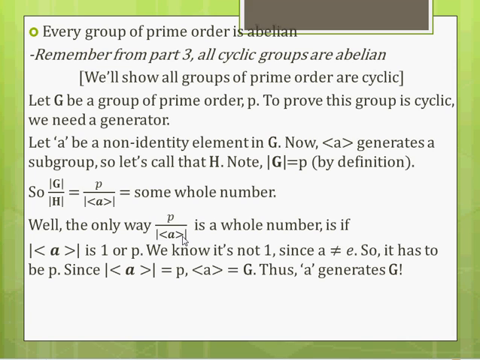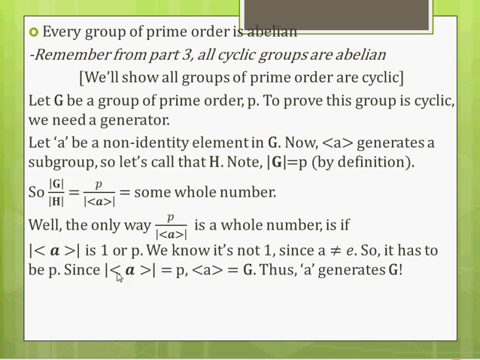So we know it's not 1, otherwise it would be the identity. The subgroup generated by the identity is just the identity. You take the identity times the identity times the identity, you keep getting the identity. All it generates is the identity. So we know that it has to be P, since it can't be 1.